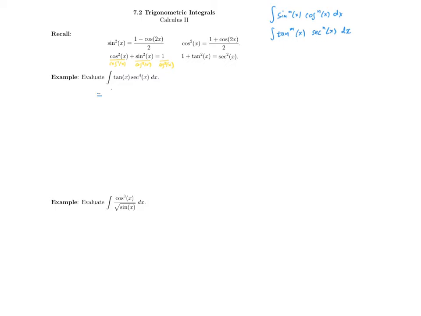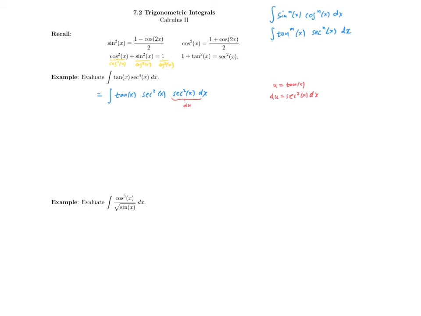So starting off with our intuition, we are going to pull a secant squared, pair it with the dx, and our goal is that the secant squared dx will be du. Note, in order for du to be secant squared x, u would have to be tangent.